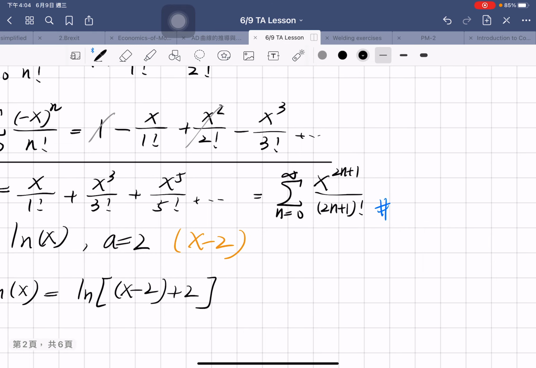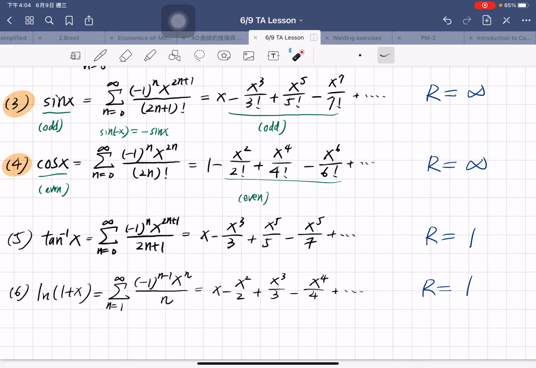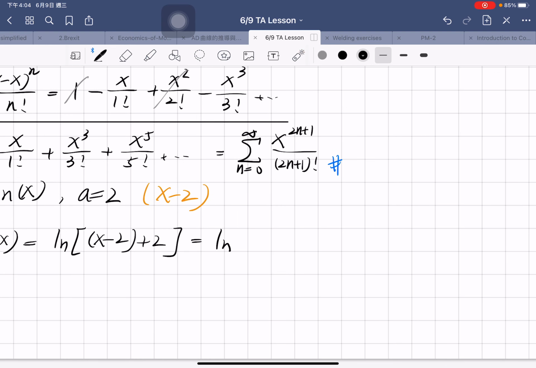And we know that what we have here is natural log of 1 plus x, 1 plus any term. Because now we have 2, we want to take our 2 out, so it will be natural log of 1 over 2 times 2x minus 4.